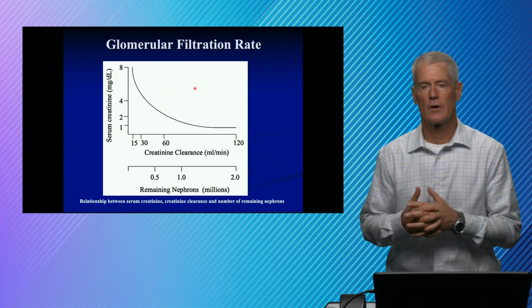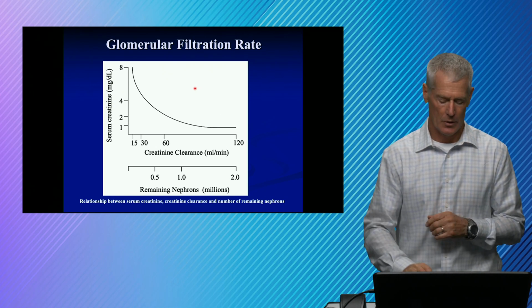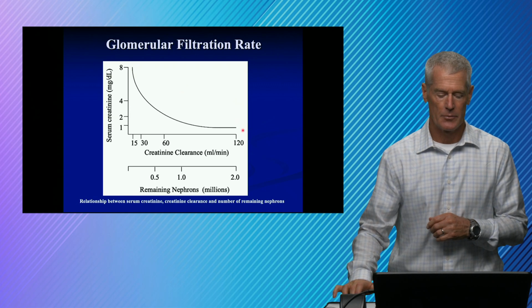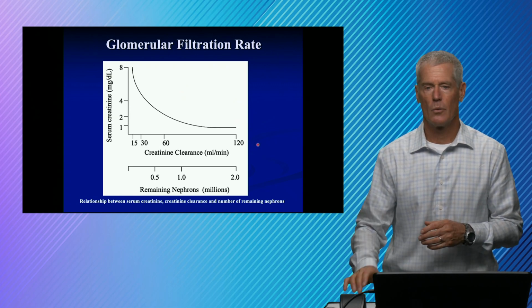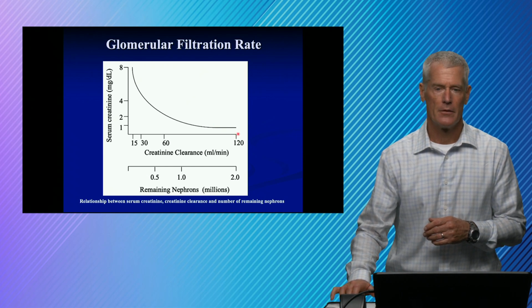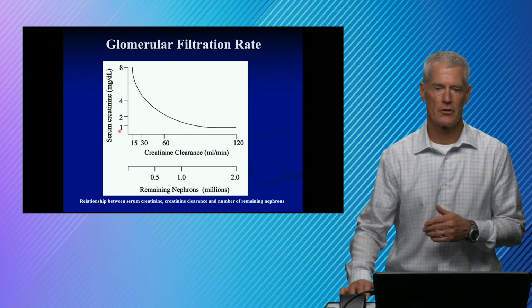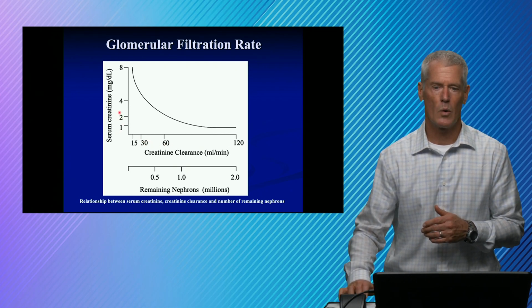This is just a summary slide that I wanted to show, and why I like this slide is because it reinforces several things. One is that we're looking at creatinine clearance. This is GFR on the x-axis, serum concentration of creatinine on the y-axis.